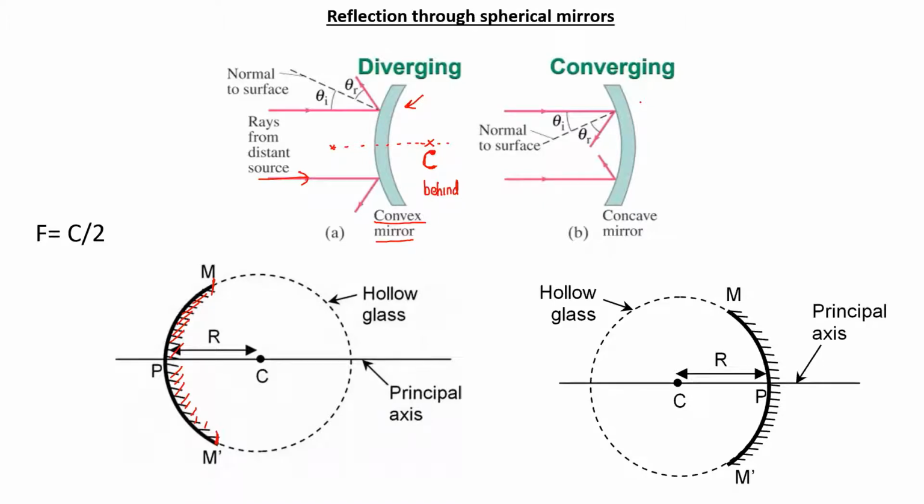So the other type of mirror is a concave mirror. In that also we do the same thing. We take a circular glass ball, cut a piece, but now we color the outside. And your mirror surface has this cave shape. It's like a cave, so we call it a concave mirror. Can you look at this and tell me where your center is?